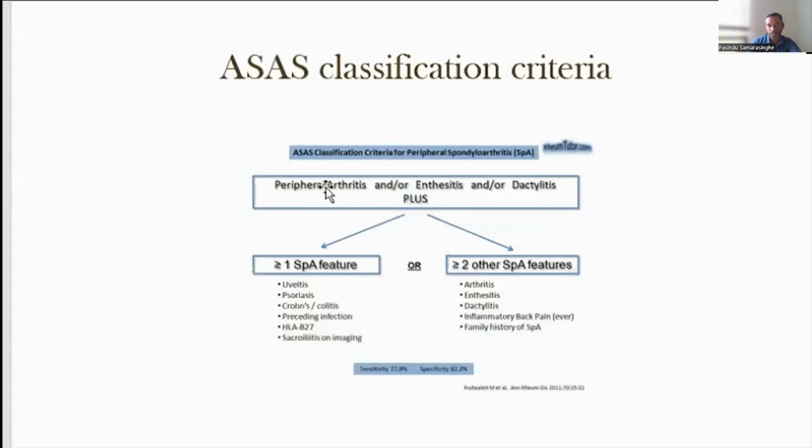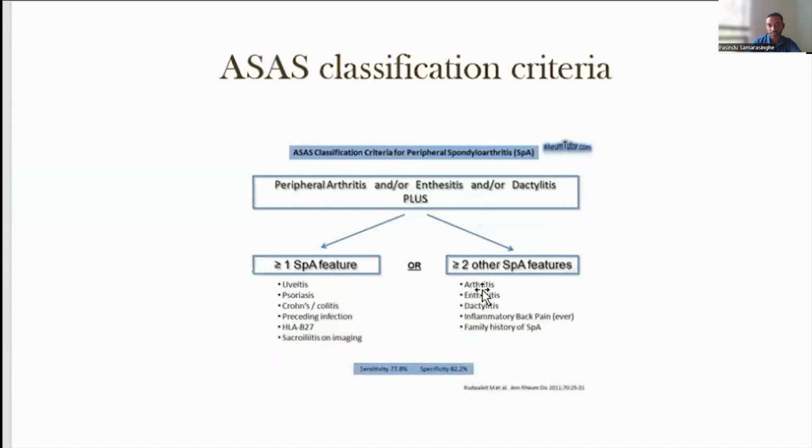So peripheral spondyloarthritis could be either peripheral arthritis or enthesitis or dactylitis, plus one or more of these spondyloarthropathy features: uveitis, psoriasis, Crohn's, preceding infection, imaging findings, HLA-B27. So if you have even one of these features, you can classify as peripheral spondyloarthritis. If you have these other features, you have to have 2 or more.